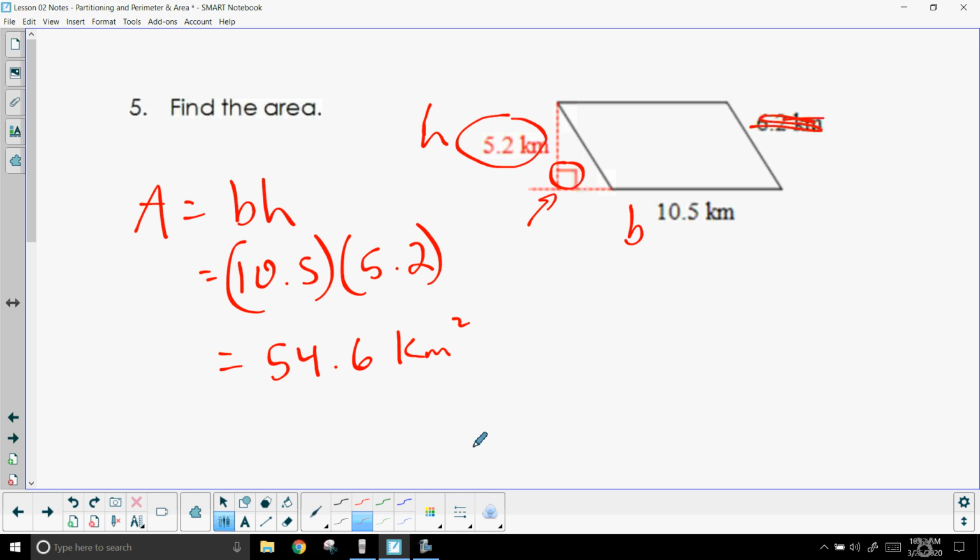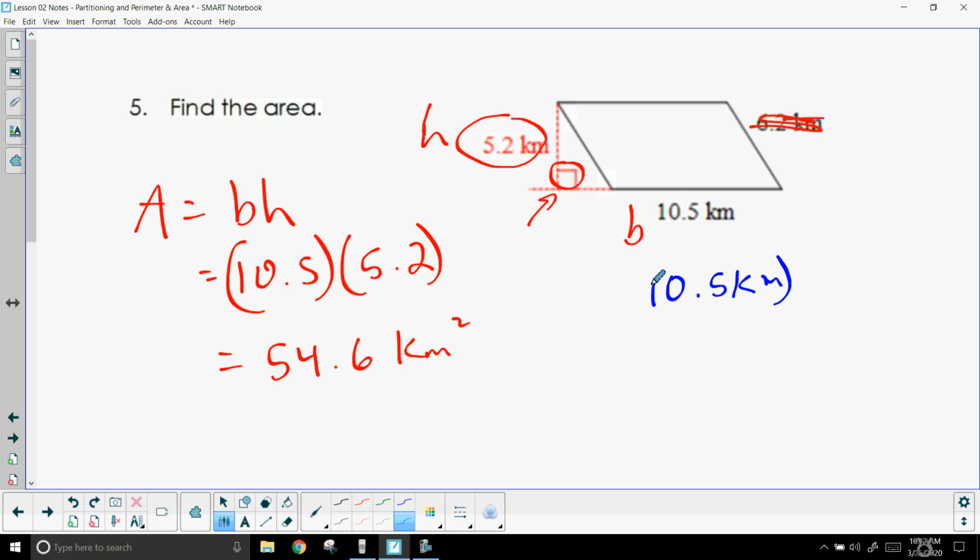Fun fact. I feel like we haven't answered this question, but I'll go ahead and answer it for you. We're really multiplying 10.5 kilometers by 5.2 kilometers.